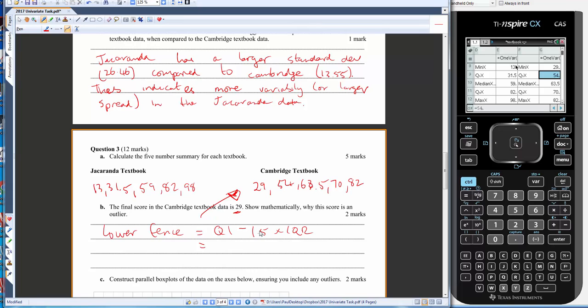The Q1 was 54, and from that we're subtracting 1.5 times the interquartile range, which is 16, so 1.5 times 16 is 24, and 54 take away 24 is 30. Okay, so that's our lower fence. Clearly this score is an outlier, so we say something like 29 is less than 30, therefore it's an outlier.